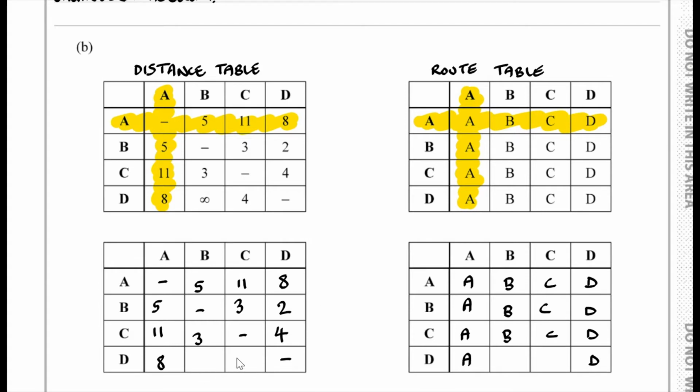Looking at these elements here, we have an infinite number, and we compare that with 8 plus 5. 8 plus 5 is 13. 13 is definitely smaller than infinity, so we write 13 over here, and we circle it.